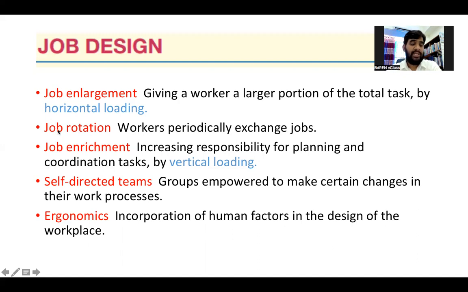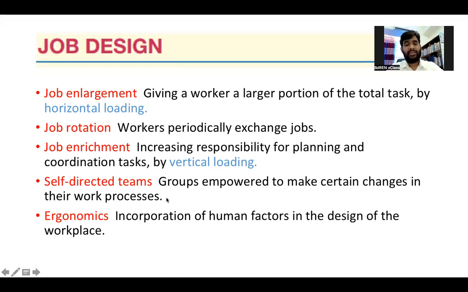Job rotation is another way of job design. Job rotation, you know, is transferring from one job to another job. Workers periodically exchange jobs. And in today's world, the most important restructuring in the job is self-directed teams. These are groups empowered to make certain changes in their work processes.